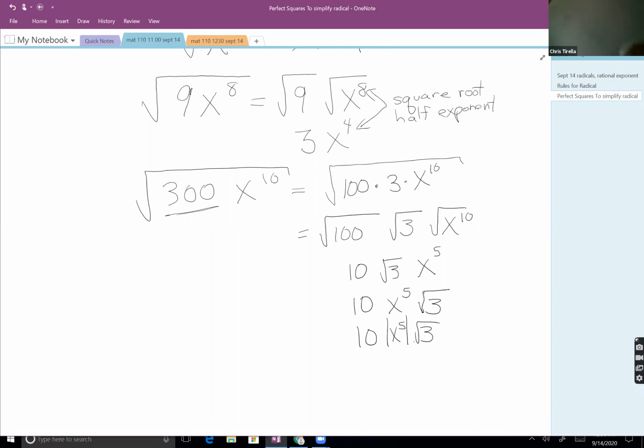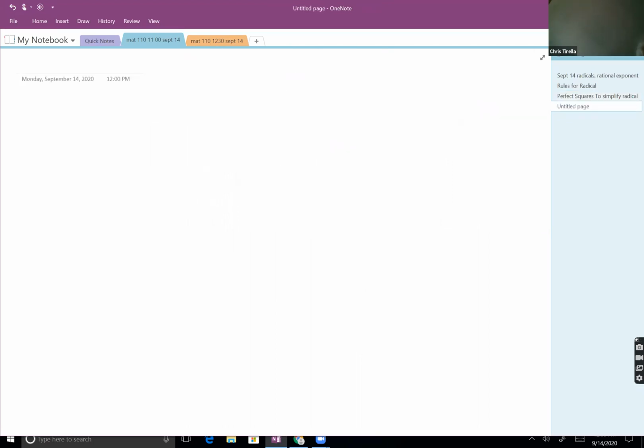I'm going to turn the page and look at another one that's a little different. What if I have the square root of 25x to the 7th? Because that's an odd exponent, it's not a perfect square.